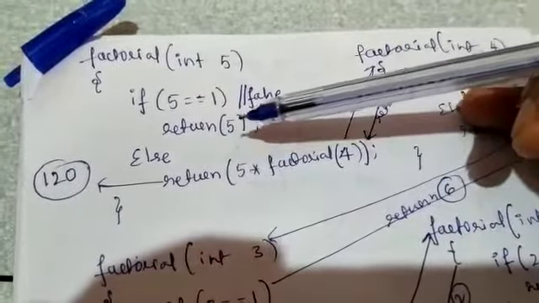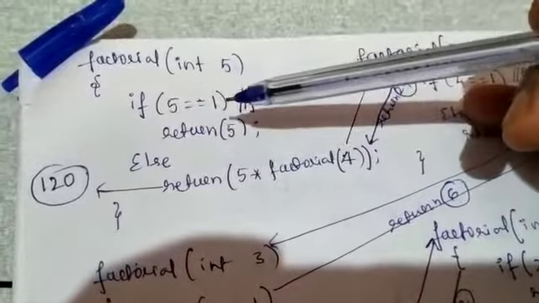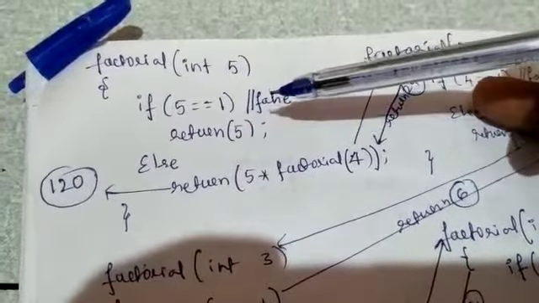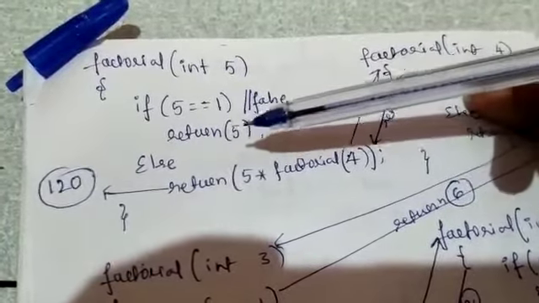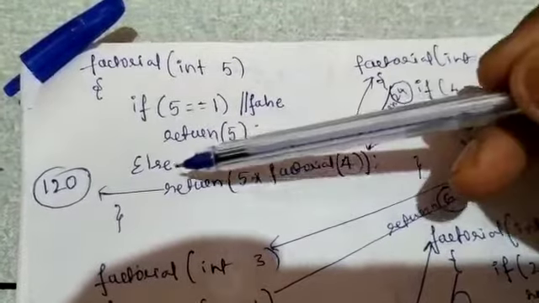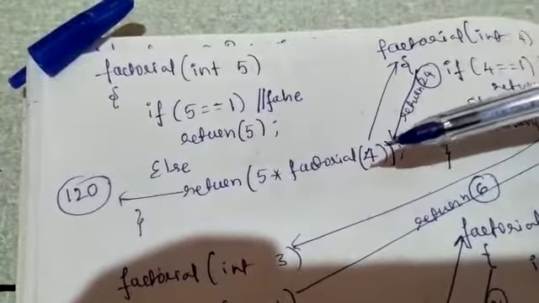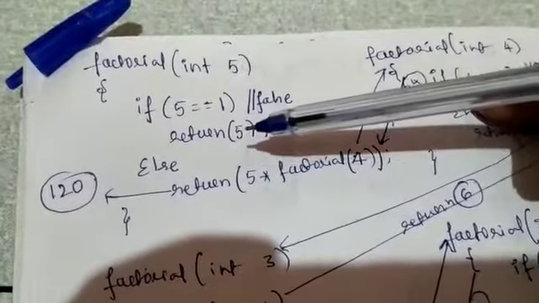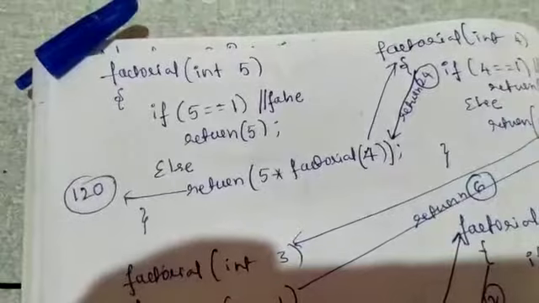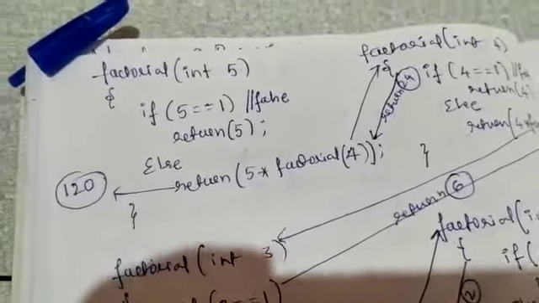Obviously the condition is false because 5 is not equal to 1. Else return 5 into factorial of 4, which is going to return a function result of 120.